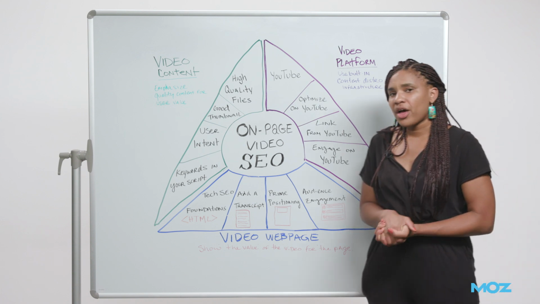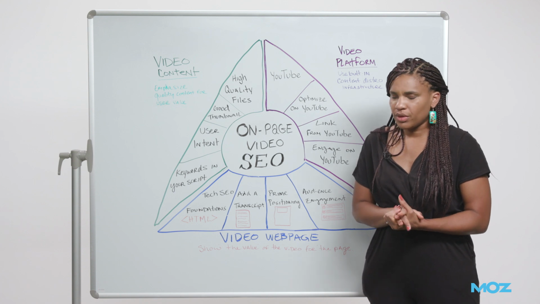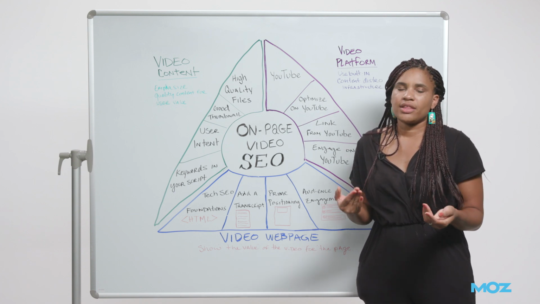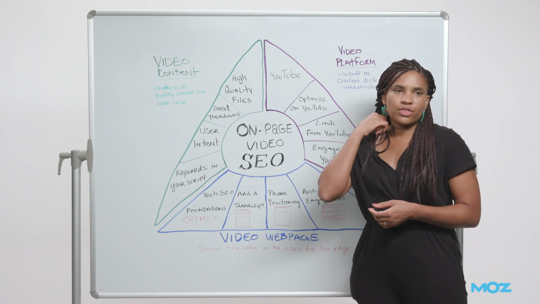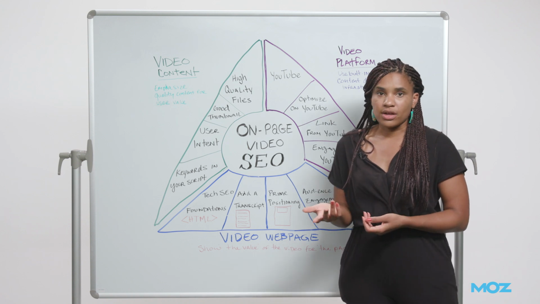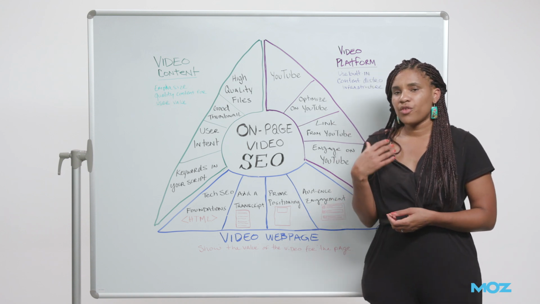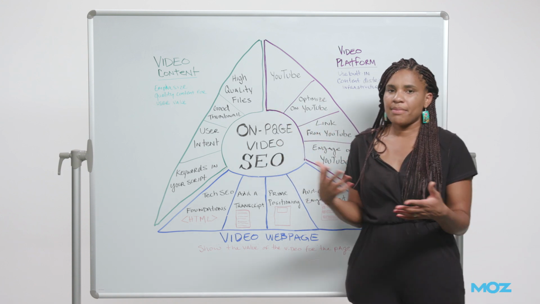Finally, I would say think about audience engagement. Audience engagement for your videos is a really good way to illustrate the value of the video for users and for Google. And one of the things that's really great for this is thinking about user-generated content. So if you have comments on your blog, then having comments underneath your video page can be really useful.